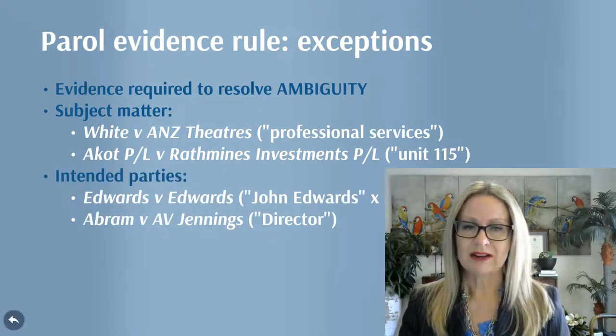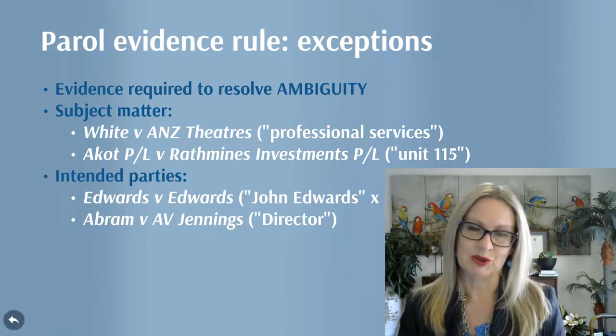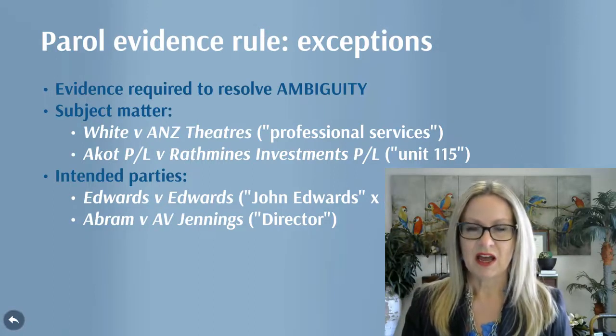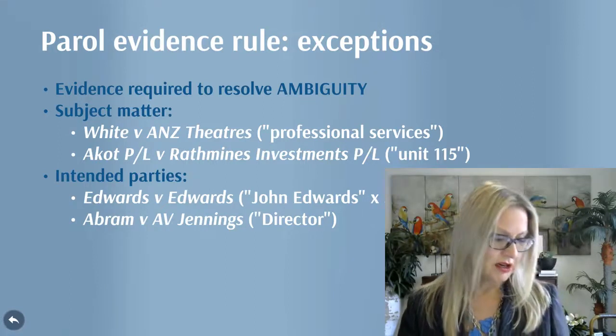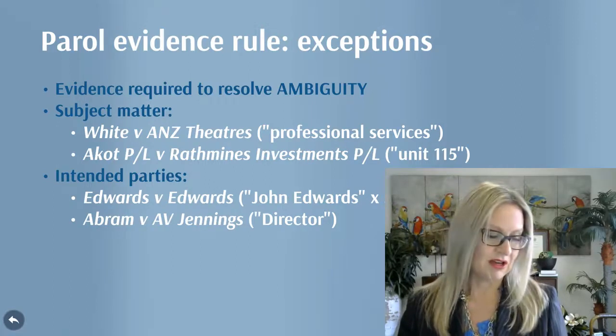So in White and ANZ Theatres we had some disputes between artistes. Some actors were brought in to provide a range of professional services, and they were defined in the contract as acting, performing, singing, dancing, or otherwise exercising their talents.